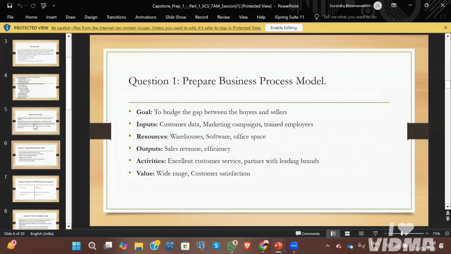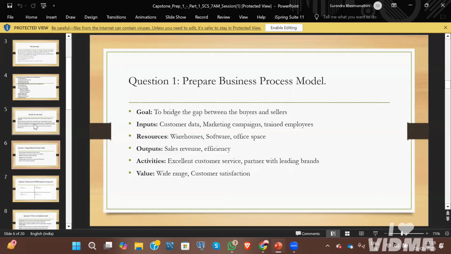You will be using the waterfall model to work on this capstone project. Inside the first capstone project, we will have 44 questions, divided into three parts: prep one part one, prep one part two, prep one part three.